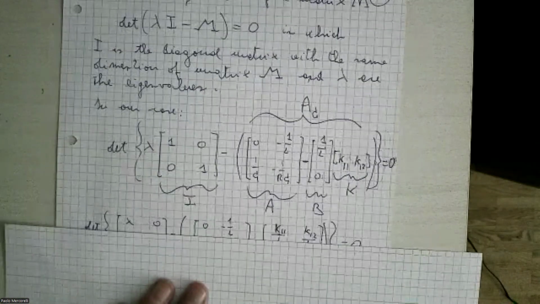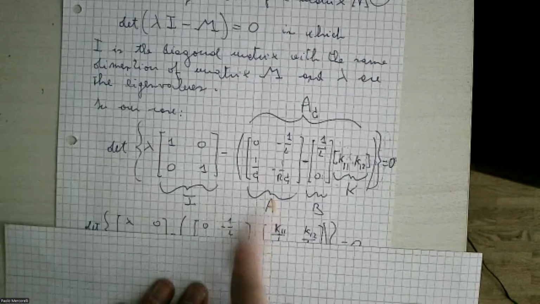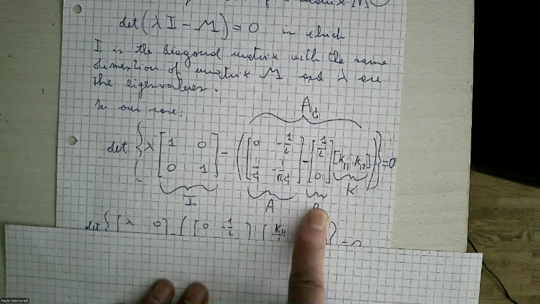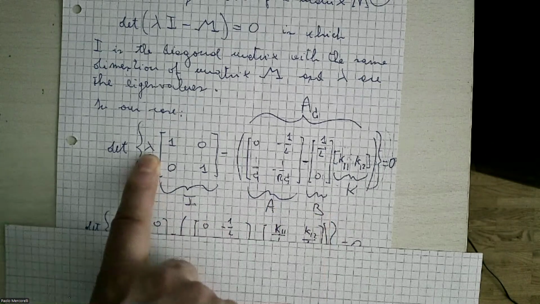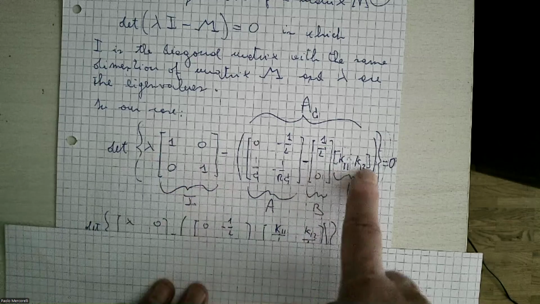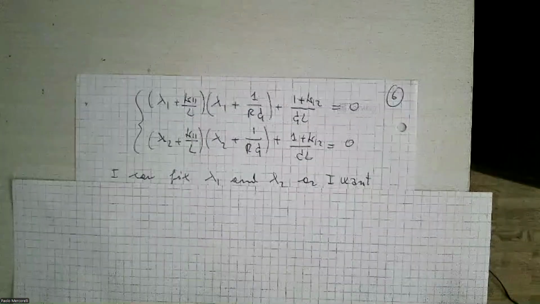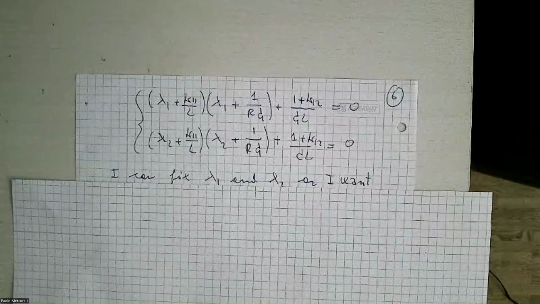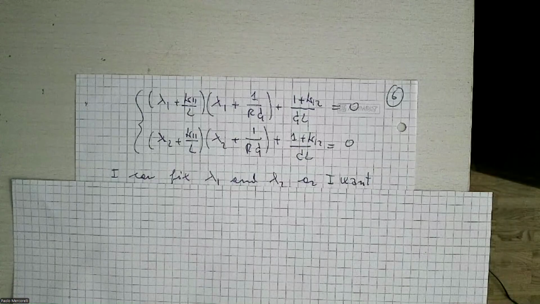Because it needs information A, it needs information B, it needs the 2 eigenvalues, lambda 1 and lambda 2, to calculate k11, k12. What place does is solve these algebraic equations in terms of k11 and k12. Let me come back to MATLAB and show you very shortly the help.